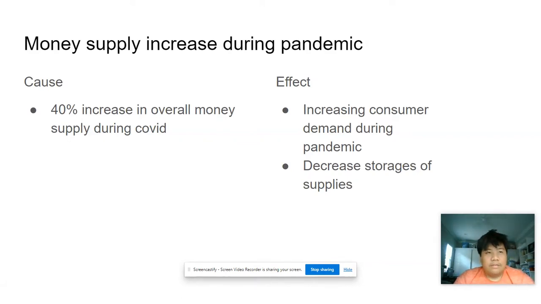The intent of releasing stimulus checks was a good one, but the problem is they went way overboard, basically increasing money supply by over 40%. And this gave a lot of purchasing power to the normal American, which did keep consumer demand high during the pandemic. Now, this is a good thing. However, during the pandemic, production was also at an all-time low due to COVID regulation.